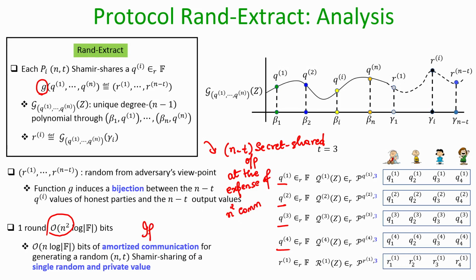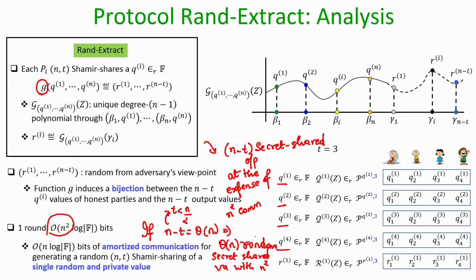Now, if n minus t is equal to theta n, which will be the case for t less than n over 2, then we are basically generating theta n random secret shared values with n square communication.